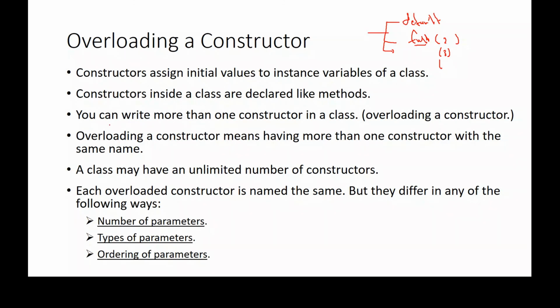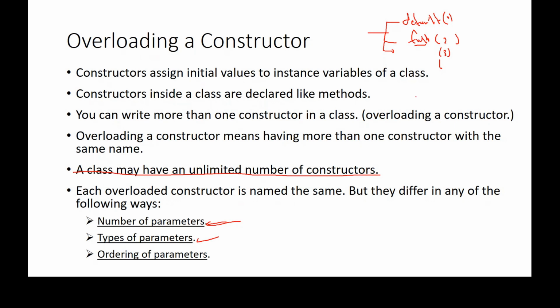So, for example, overloading the constructor. A class may have an unlimited number of constructors, not just one. So you can overload the constructor by changing the parameters. How many parameters? 0 parameters, or 1, or 2, or 3, or 4. You can change the type of the parameter if you want.